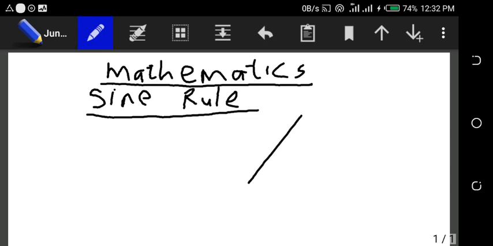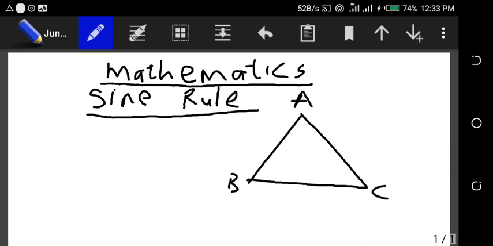Okay, so what I'm trying to say, look, you have a triangle here labeled A, B, and C. The capital letters A, B, C stand for the angles. So here you have angle A, here you have angle B, and here you have angle C. But for the sides, this is the convention for naming them.